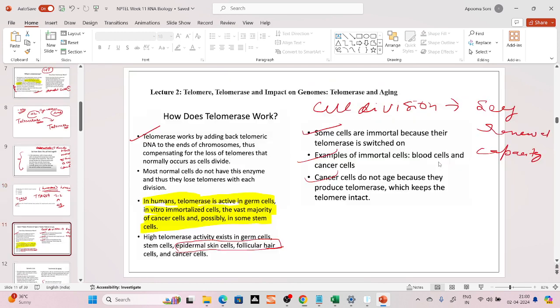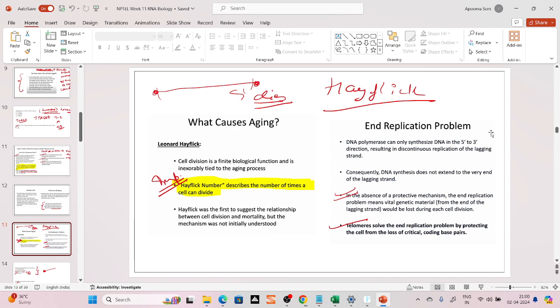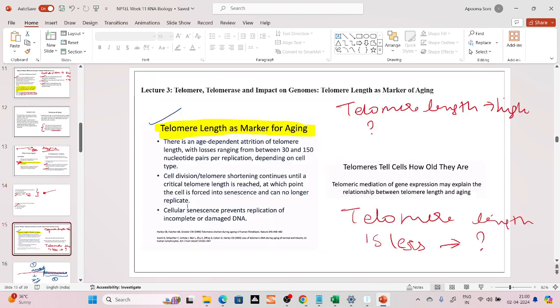Then we studied the link between telomerase and aging, and the Hayflick number, which describes the number of times our cells can divide. Telomere length is a marker for aging. If the telomere length is high, aging would not come at such an early time.